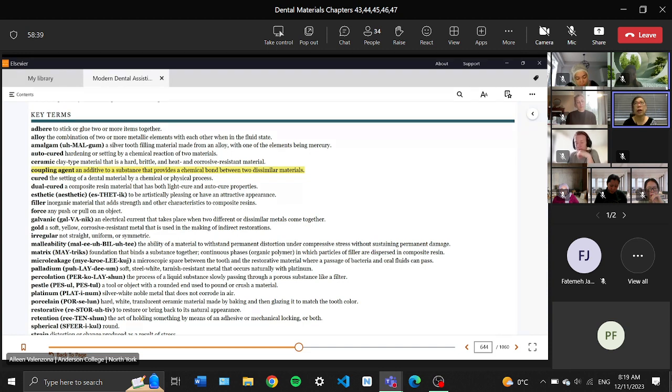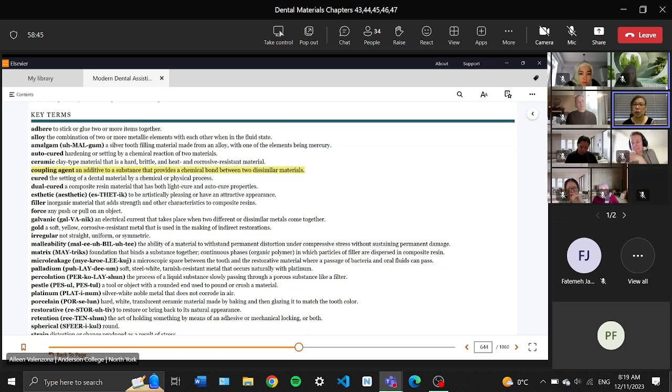Function, okay, like for amalgam versus composite, doing for posterior teeth, we all know that amalgam is much harder than the composite. So some patients prefer amalgam due to function. Maybe, oh, every time I eat, I chew very hard. I like nuts. I like hard food, crunchy food.